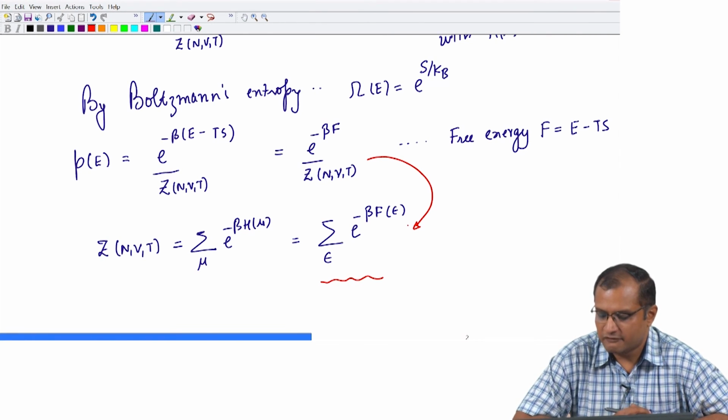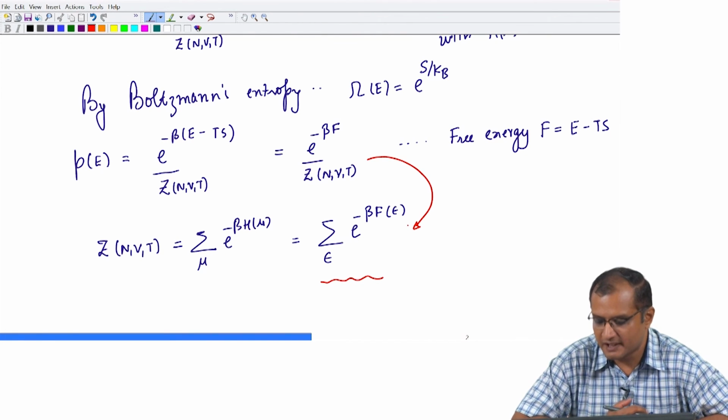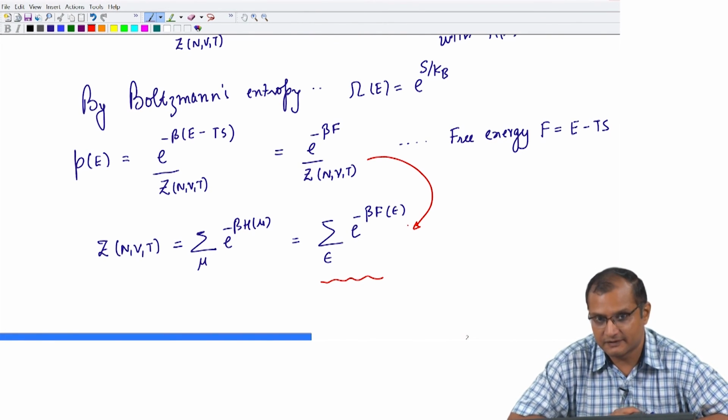I have to take the form of Z as summation over all energies e raised to minus beta F, because the numerator is e raised to minus beta F. That is the normalization I want to use to make my P of E normalized.